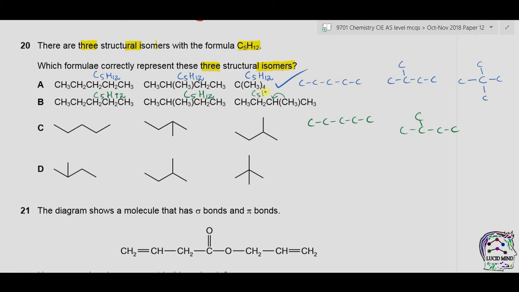So the formula is C5H12. Now we can see that these two are similar. This is because numbering starts from the carbon atom having the least number given to the substituent. So this is 2-methyl butane.